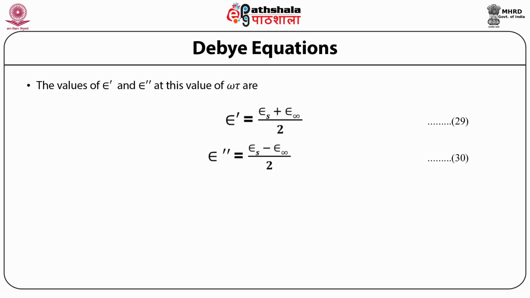The dissipation factor tan δ also increases with frequency, reaches a maximum, and for further increase in frequency it decreases.